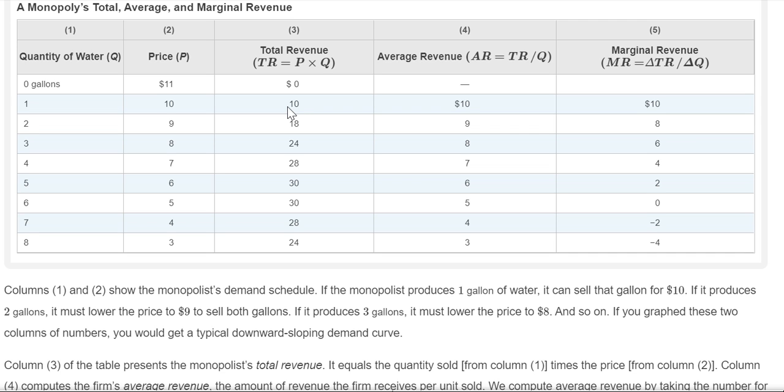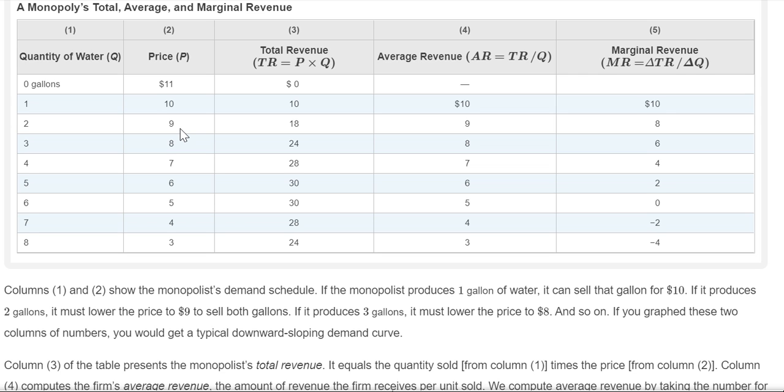Now, these could be millions instead of single digits. All right, let's look at it again. If you supply 2 units of the water, the price drops down to 9. You have no control over that; you just accept that as part of the problem that's built into the chart. So they want to know what the total revenue is?